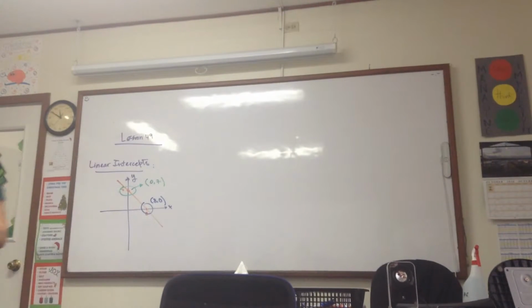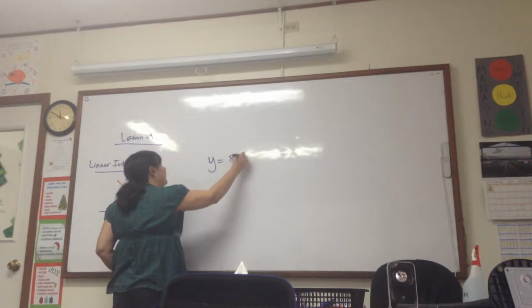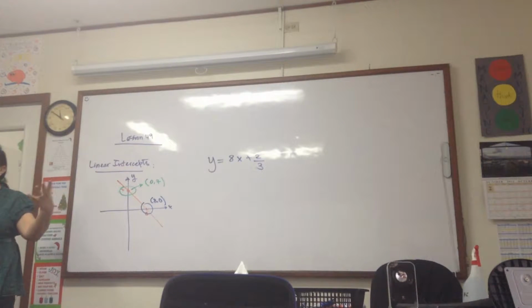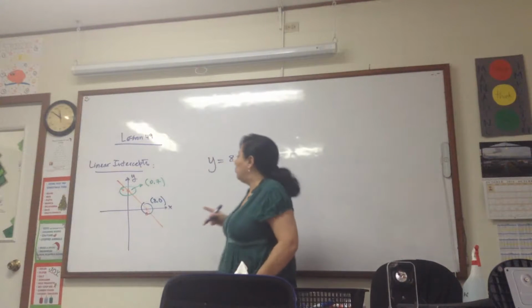So, let's say that I give you this information: y equals 8x plus 2/3. And I ask you to give me the two linear intercepts. What do you notice here?